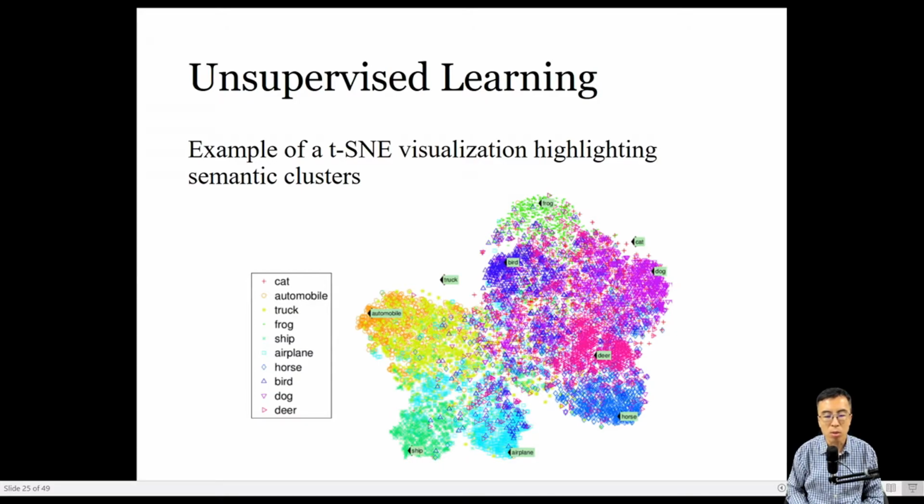And also the airplane, automobile, ship, and truck tend to be far away from those animals. So although the t-SNE visualization is agnostic to the image labels, it actually detects some similarities and differences between those labels.